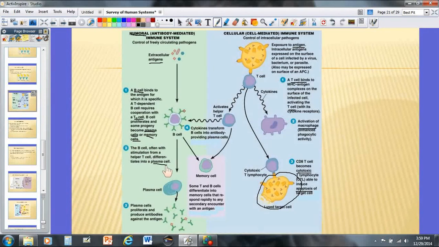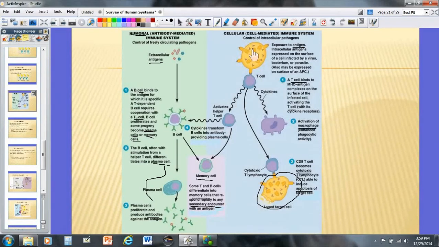That plasma cell over here will produce the antibody, or it will become a memory cell. That memory cell is going to be used for, as they say, secondary encounters or future immune issues.